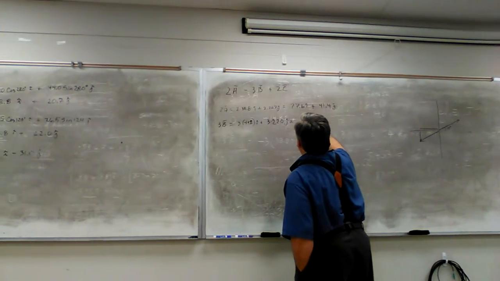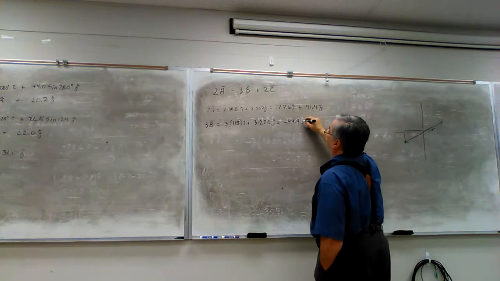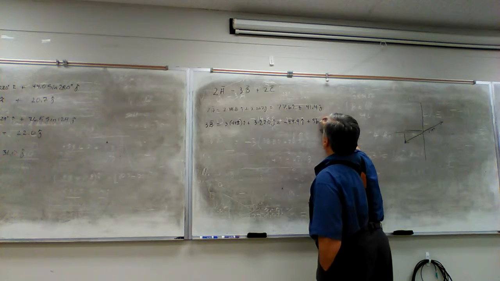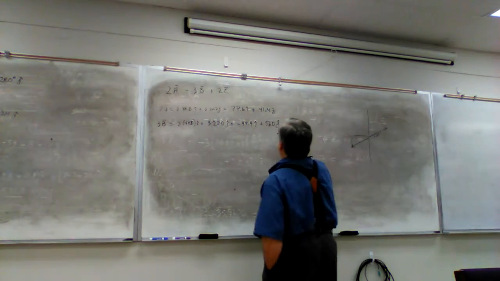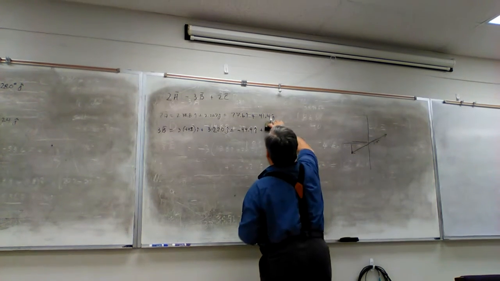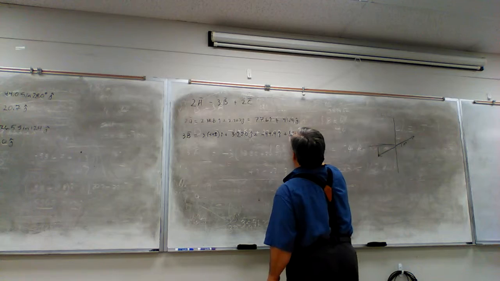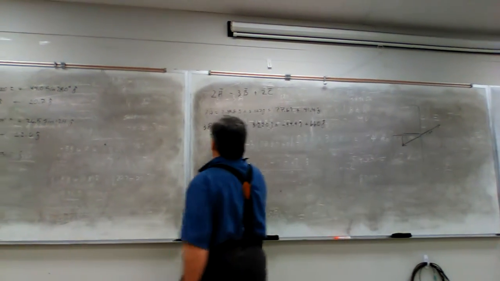Minus 44.4. And 3 times 22? 66? Somebody better make up my mind. Okay, 66J. And now we need 2 times C.